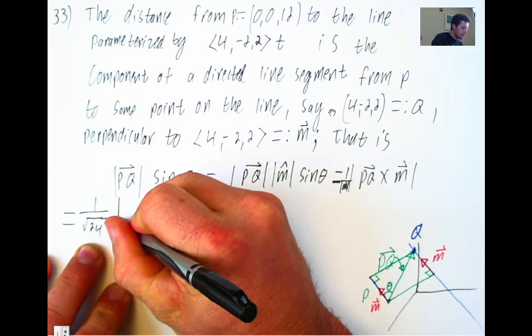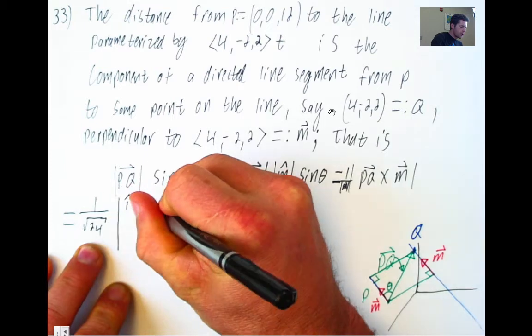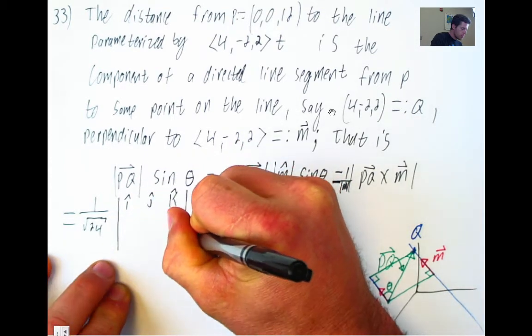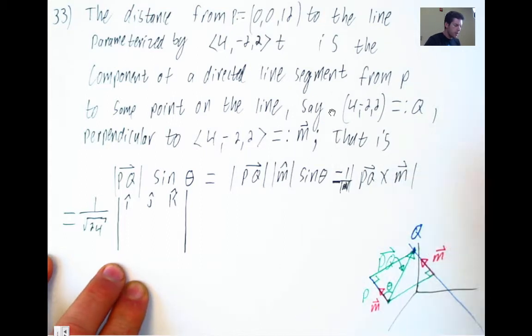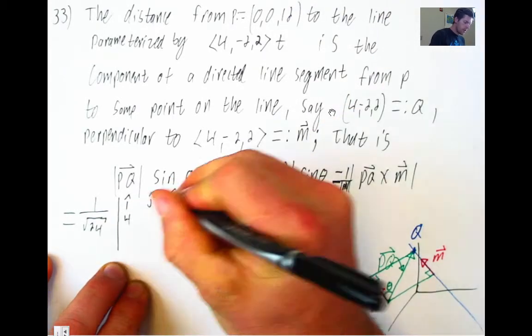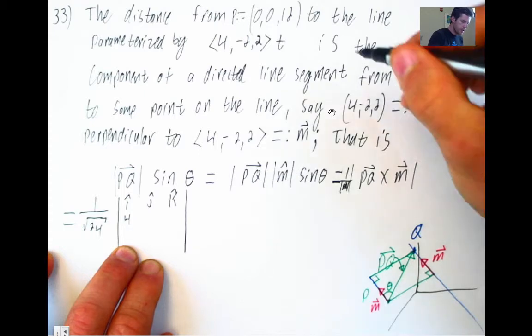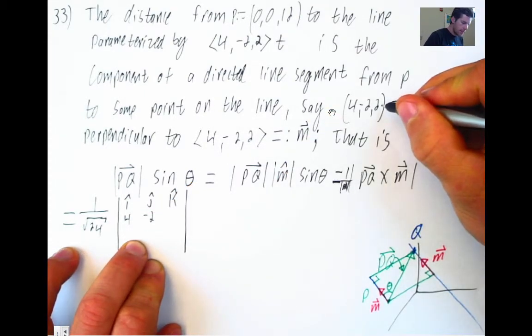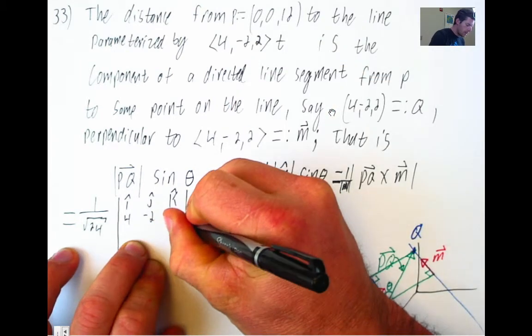Can I just try to get this straight away into i, j, k with a determinant-looking structure? So let's see, what is PQ? P to Q, you take Q minus P: 4 minus 0 is the first component, -2 minus 0, and 2 minus 12 is -10.